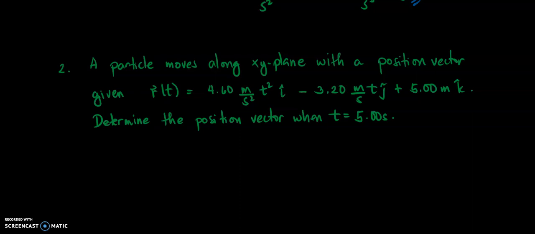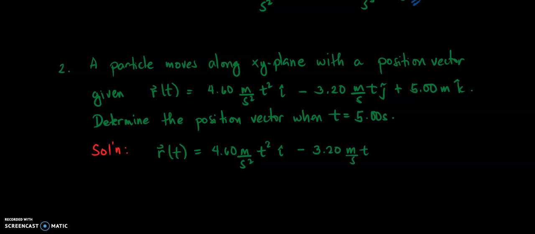Given the r of t, or the position vector as a function of time, 4.60 meter per second square t square i hat minus 3.20 meter per second t j hat plus 5 meter k hat.